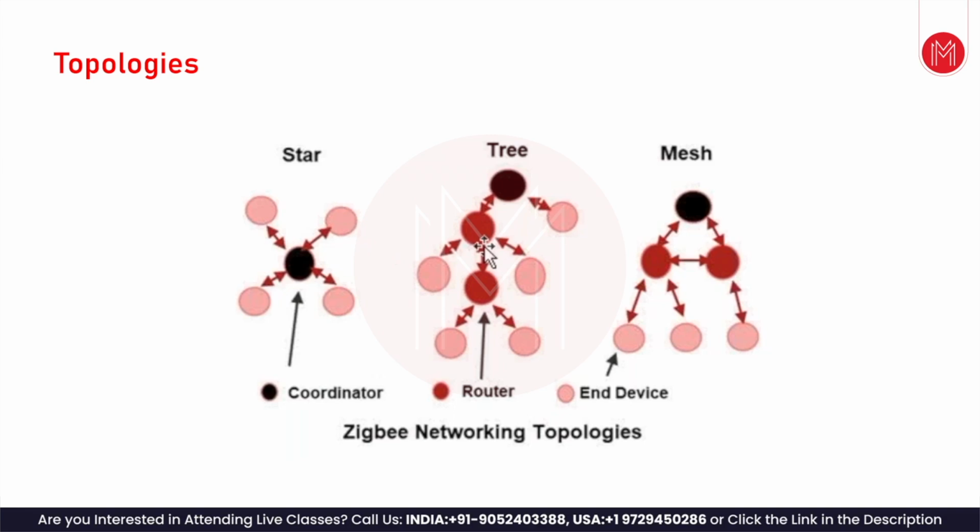A router is a special node that can route packets. Basically, it can receive a packet from one node and send it to another node. So the routers are also important. The end device is just a functional device. It only operates whatever its function is. If it is a sensor node, it will post what kind of sensor node it is to the coordinator, and all other nodes can avail, let's say, the temperature from this node.